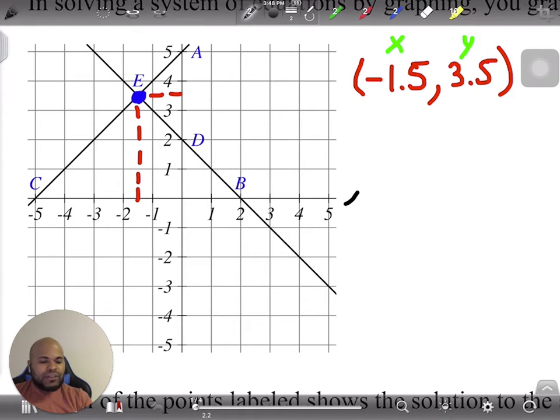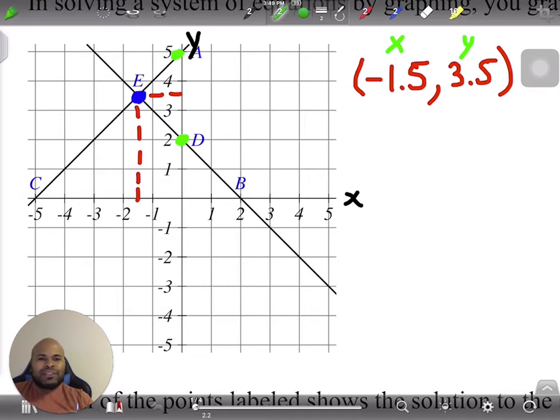If you forget your axes, then make sure that you label them X, comma, Y. Now, there are other interesting things that I can see over here. I'm going to label this in green real quick. If I ask you, from the equations that you have in the graph, where these lines have a y-intercept. Well, it looks like the y-intercepts for these graphs, from top to bottom, A will be the y-intercept of one of the lines, and D will be the other y-intercept.